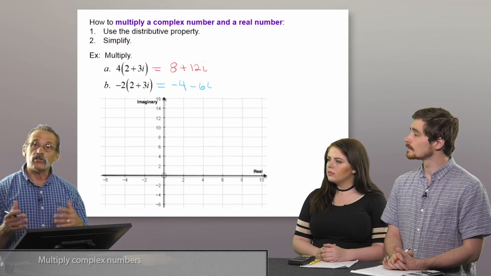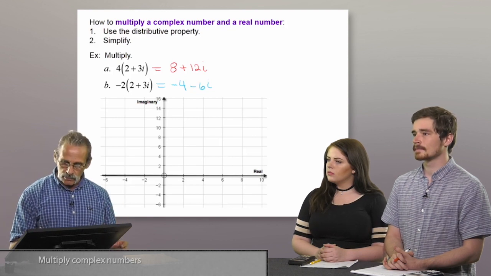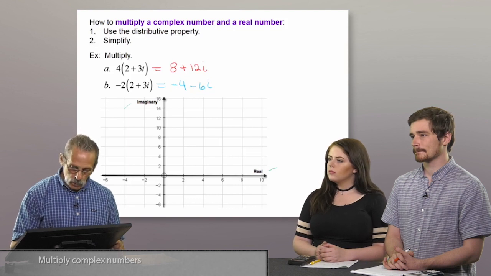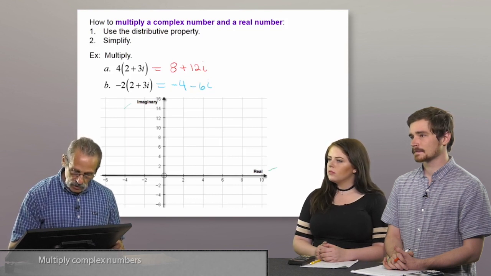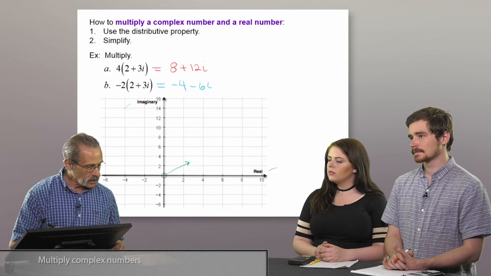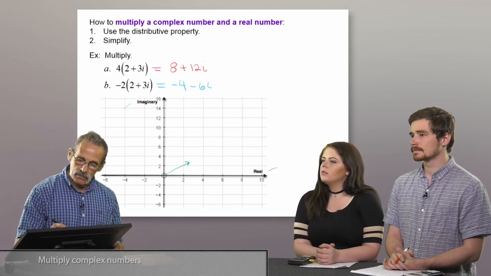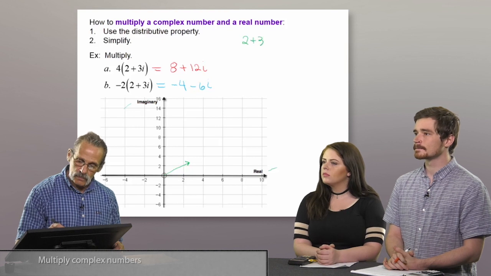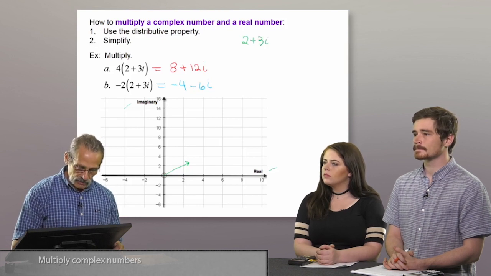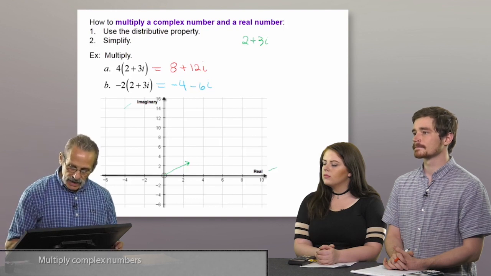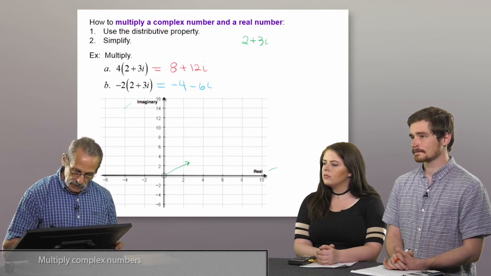If I take a look at 2 plus 3i and I plot it with a real axis and an imaginary axis, I would go over 2, I would go up 3, and I would draw my representation of this complex number, 2 plus 3i. Now when I take a look at the result of multiplying that by 4, I ended up with 8 plus 12i, didn't I?